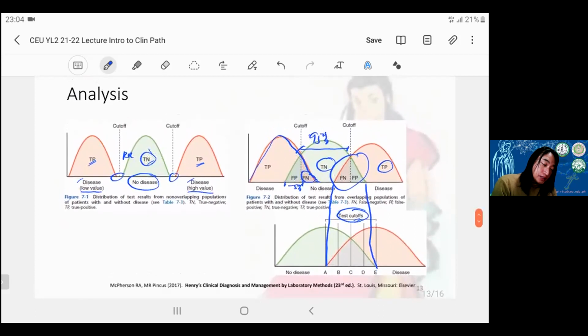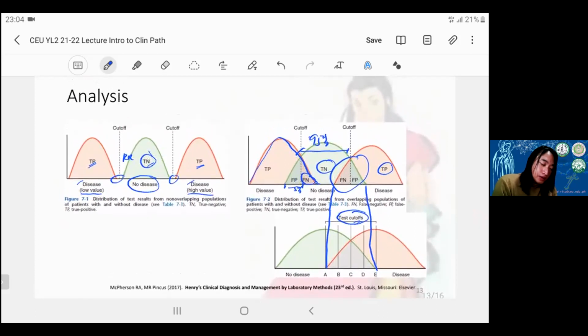So sensitivity would determine those with the disease that have the range value. So these are the true positives. And specificity would lie here where the normal values are actually patients without the disease.